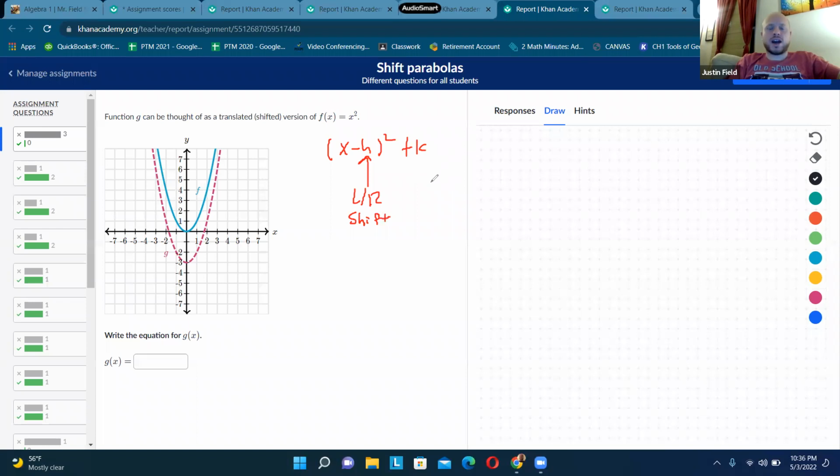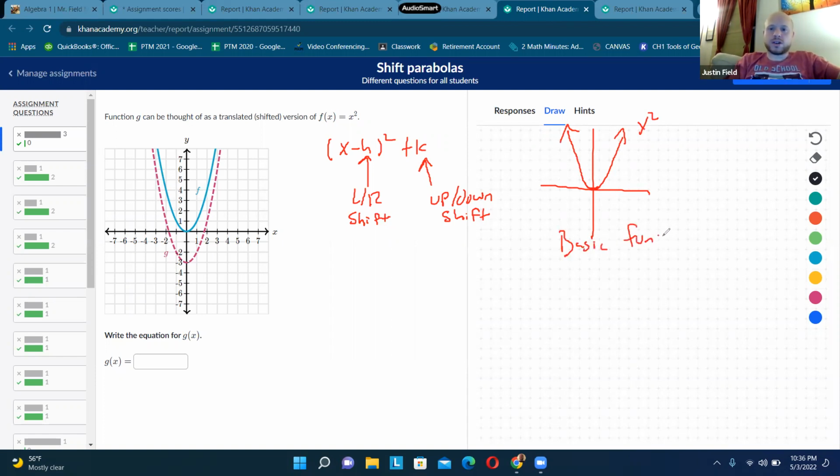Because it is. And then the K is the up-down shift. And these are shifts of the basic function, our friend x squared. When we're scaling and reflecting it, we're changing the size and changing the concavity. But for this assignment, we're just moving it. We're not even changing the shape.